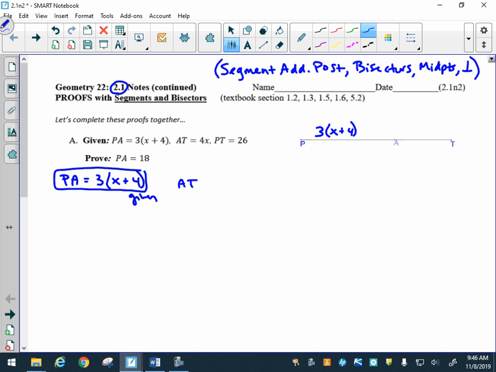AT, and remember AT, segment AT, with no bar over it, means the length of AT, is 4x. And then PT, they tell us, is 26.